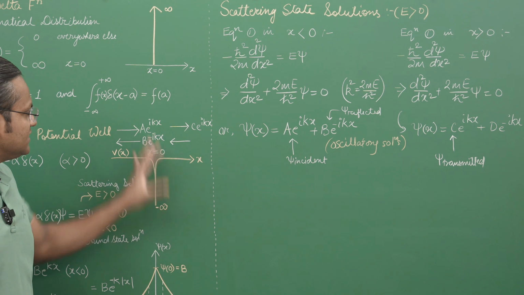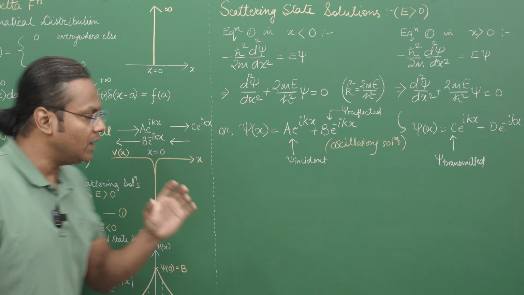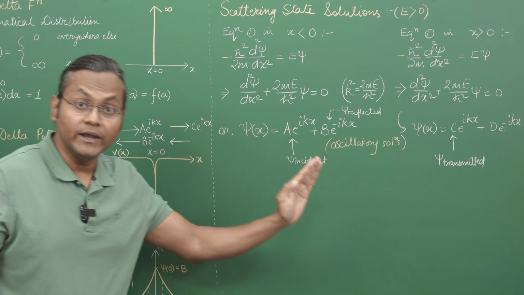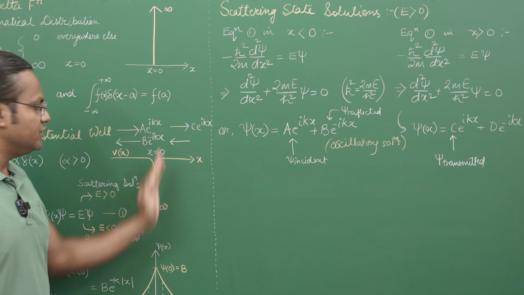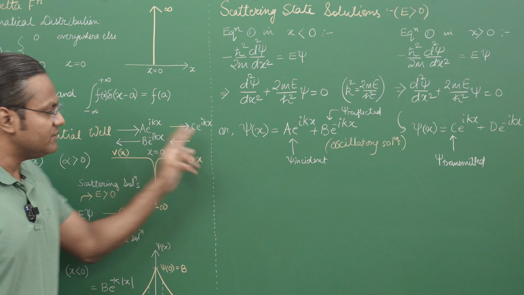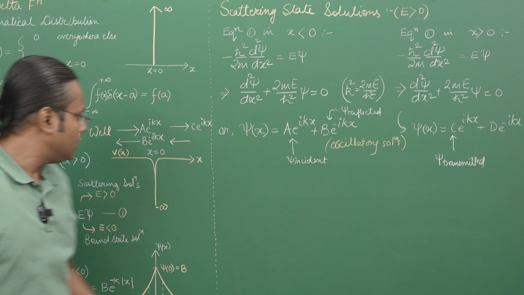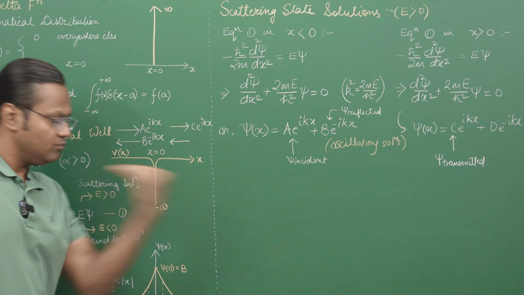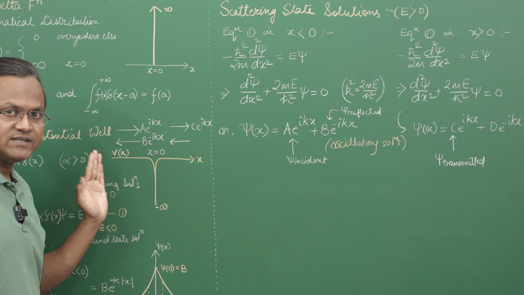Now, if you look at this scenario, as I said, the particle is approaching from the left, going to the right, and the particle encounters this potential. So it makes physical sense that there is a plane wave solution moving in the forward direction. There might be a reflected wave solution moving in the backward direction in the negative x-axis.